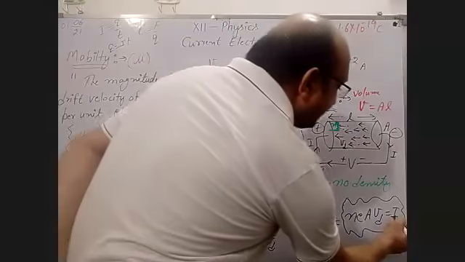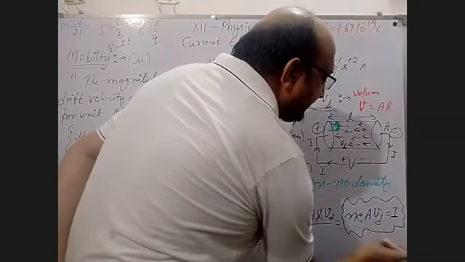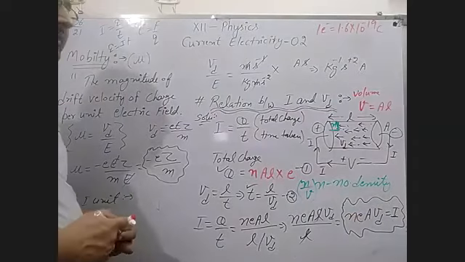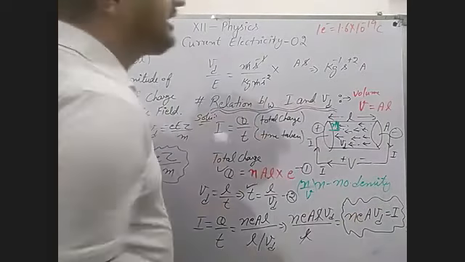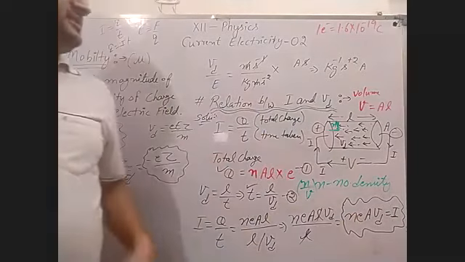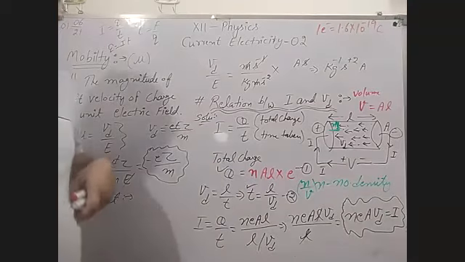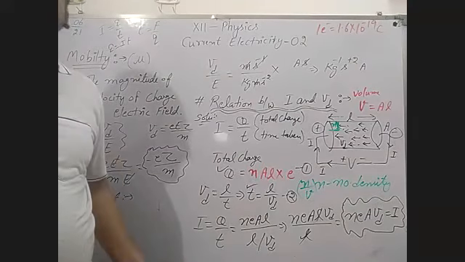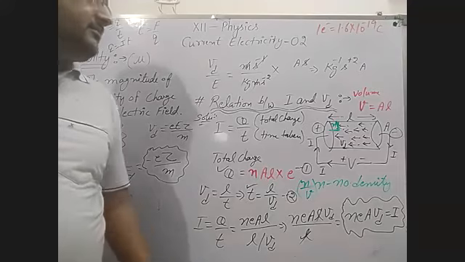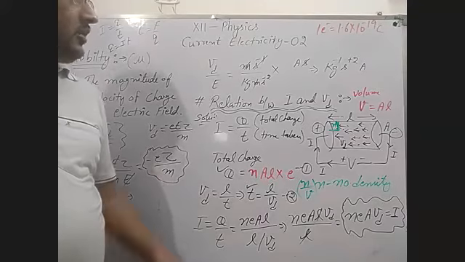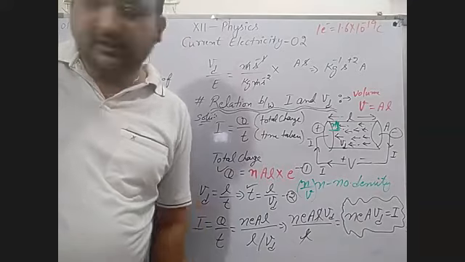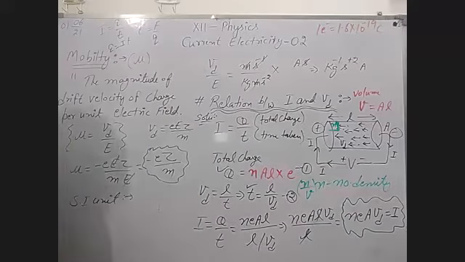In this relation you can see I is present here and Vd is also here. Now this is the relation between I and Vd. This topic is very, very important for you in terms of the CBSE exam, or formula-based numericals will also be there. Okay, now note it.